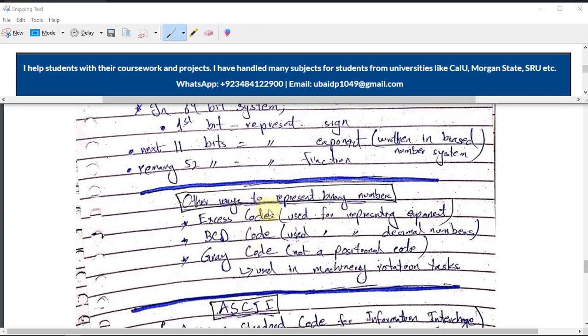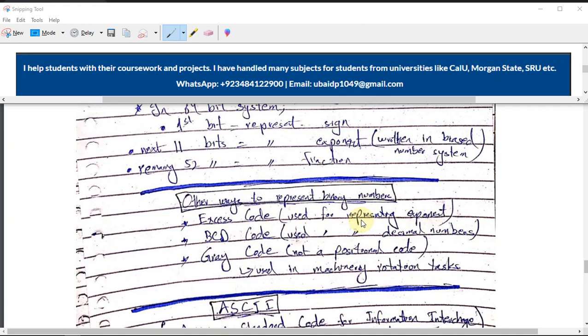And other ways to represent binary numbers. So till now we have seen 4 ways, which are unsigned representation, where we can't represent negative binary numbers. Then we have seen the signed representation, where we use an extra bit to represent the sign.